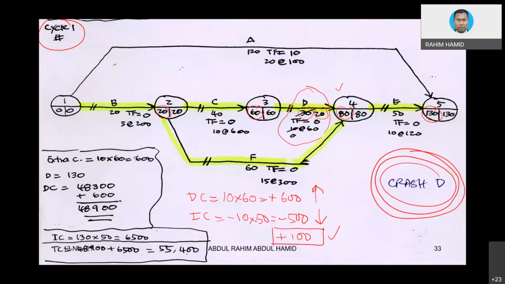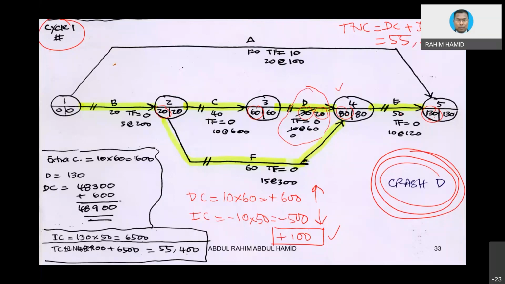So remember the normal cost that we already calculated before. Total normal cost, which is direct cost plus indirect cost that we mentioned before, is equivalent to 55,300 from the previous slide.